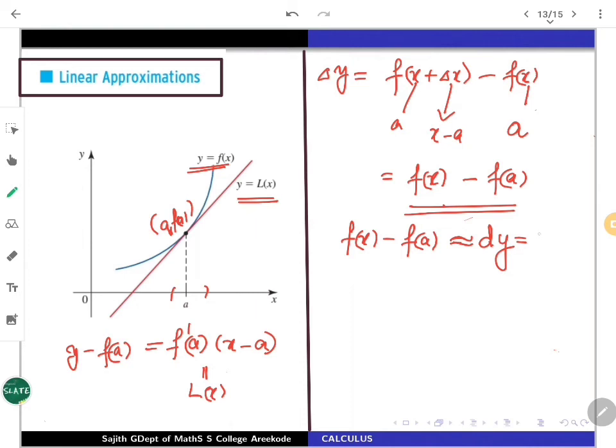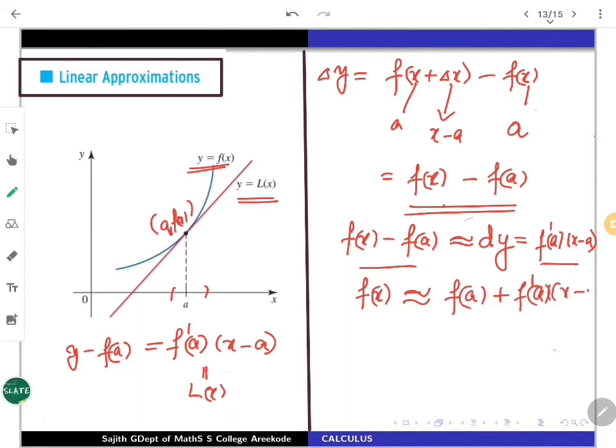You are looking at nearing a, so it is going to be f dash at a into x minus a, right? So this says your f of x is approximated by f at a plus f dash at a into x minus a. Now look at the right hand side, it is L of x.